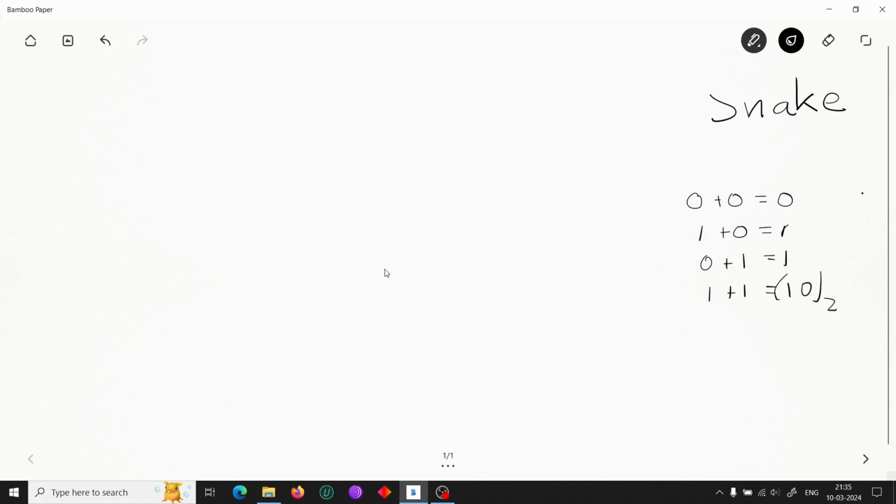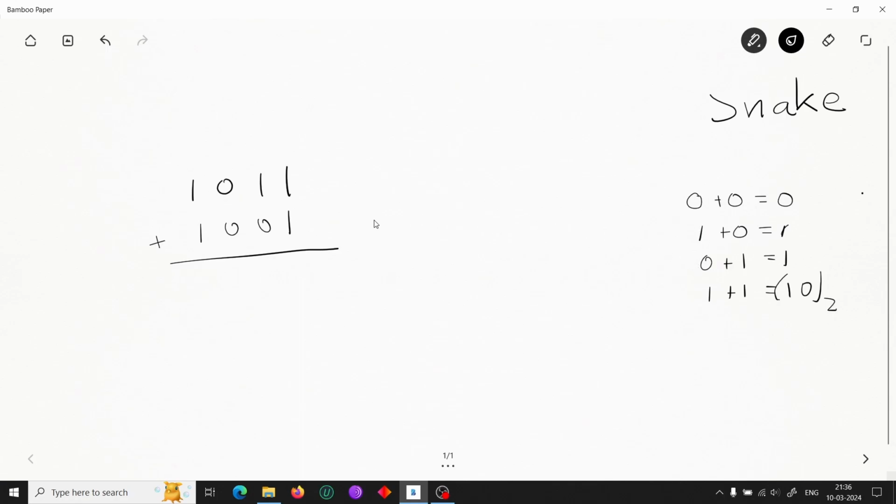Okay, so let's apply this, let's put it to use. Okay, let's take two binary numbers, say 1011 and then 1001. Okay, to add this, just simply use these rules here.